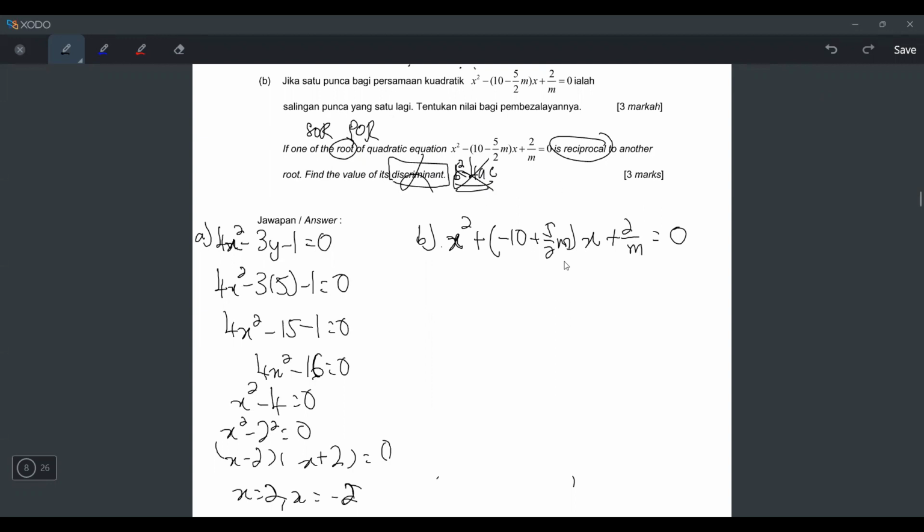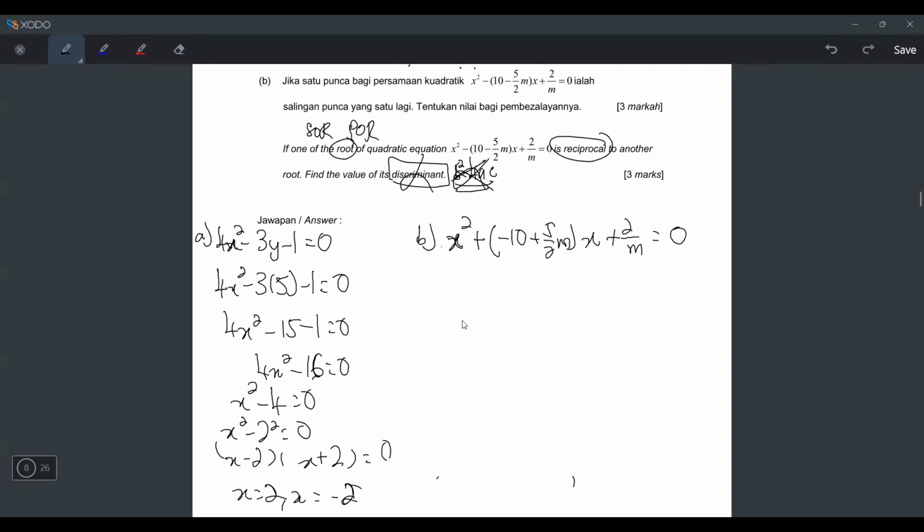Because if you don't know the value of m, can you find the b square minus 4ac? You cannot. Because the b square minus 4ac formula is take the b value minus 4 times a times c. But the problem is you don't even know what is your b value and your c value. Why? Because the m is there. Means you have to focus on finding the value of m first. Even though this question never says find m, you still have to find m. Because if you don't find m, you can't get this.